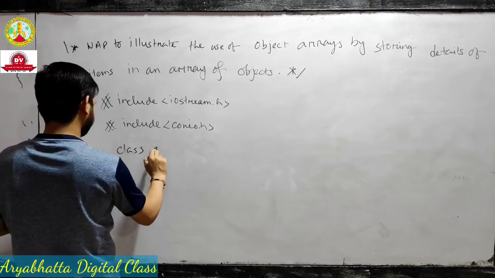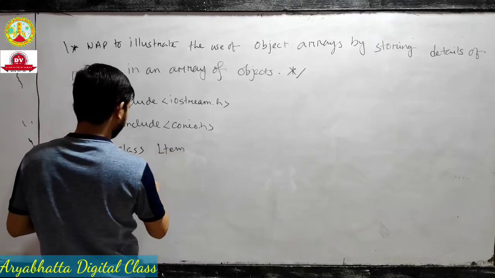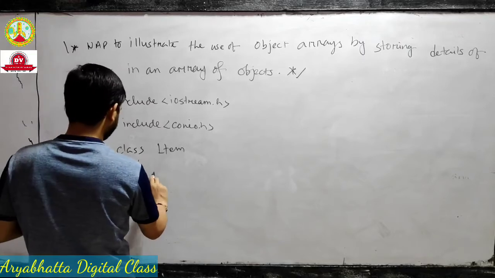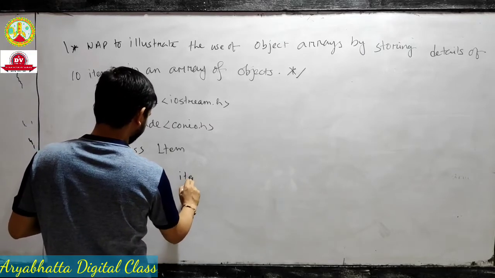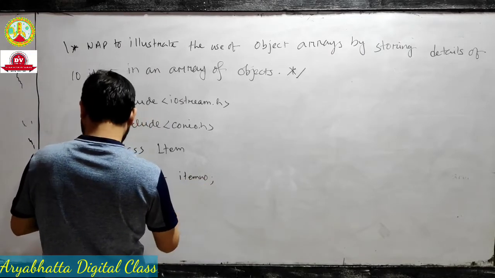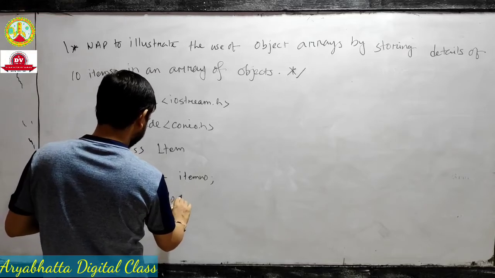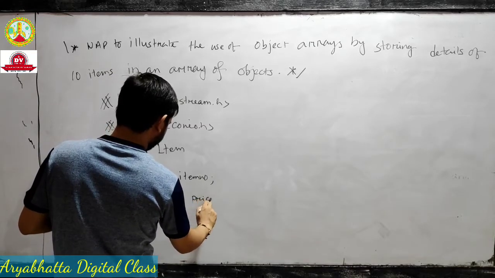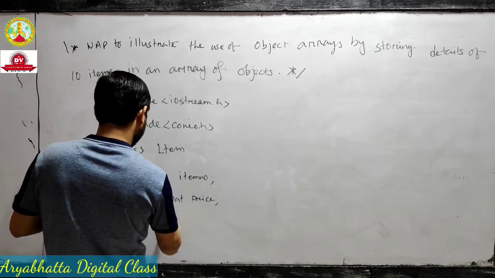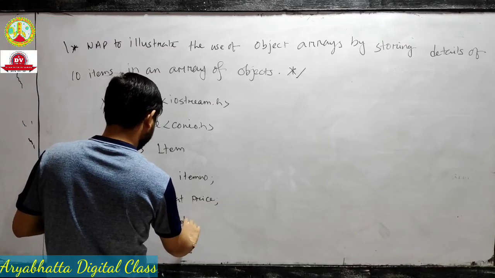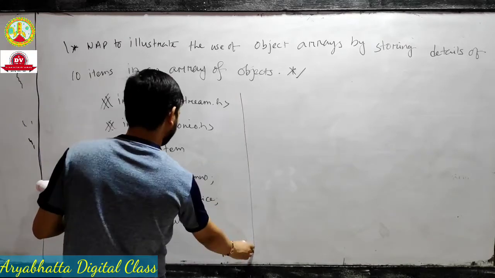The class name is item, and the data members are item number and price, where price is declared as float.